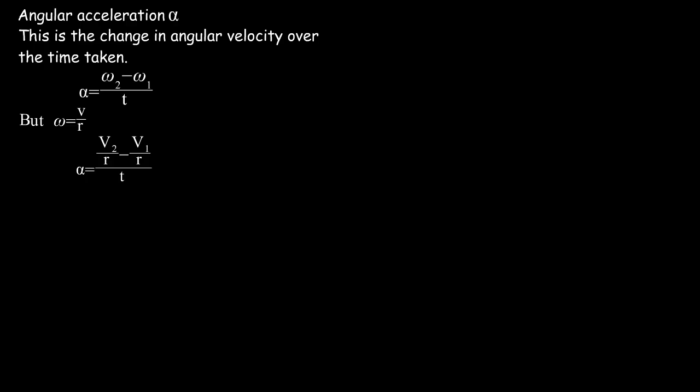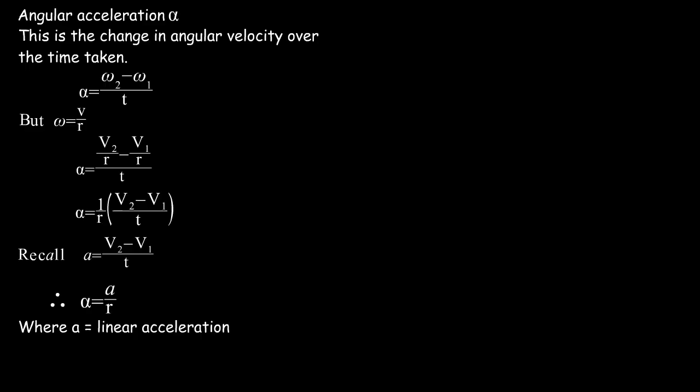Simplifying, that's factorizing 1 over r out, it becomes alpha equals 1 over r in bracket v2 minus v1 divided by t. Now recall that acceleration a is equal to v2 minus v1 over t. Therefore, alpha will be equal to a over r, where a is linear acceleration.